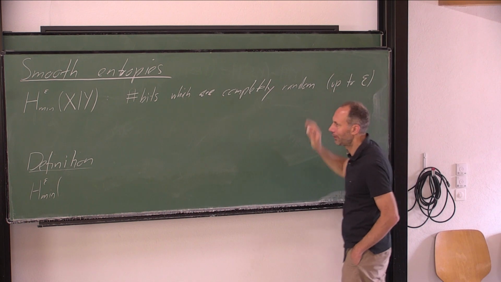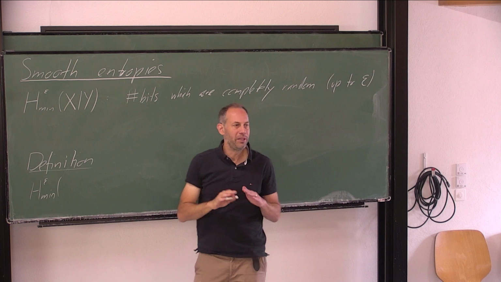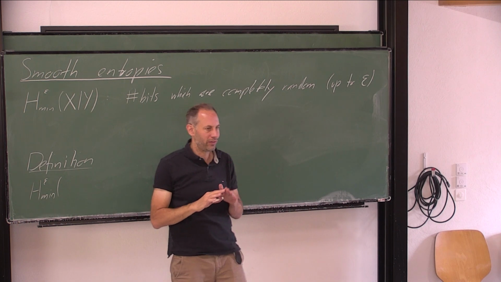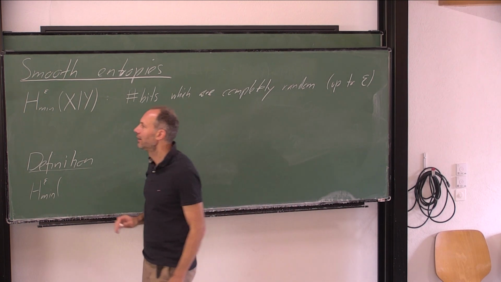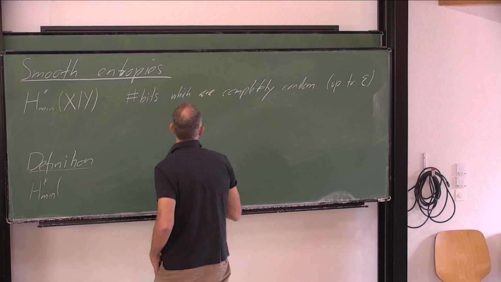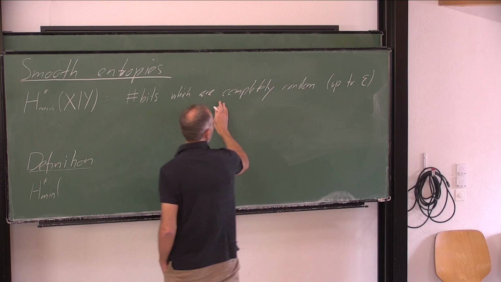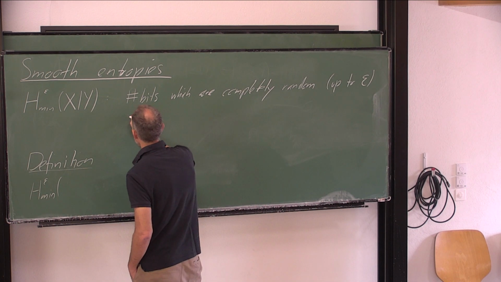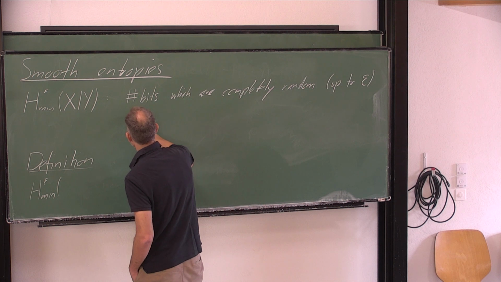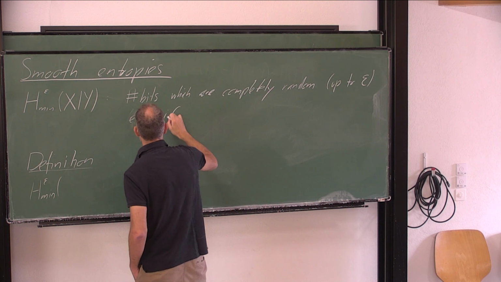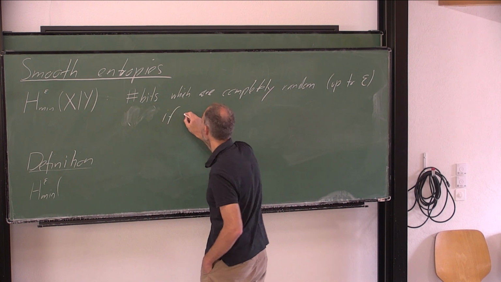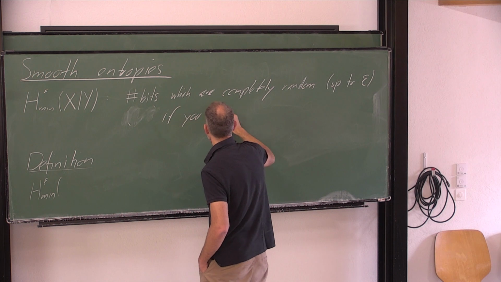You now know what it means to be almost random up to epsilon. It's the trace distance, and we discussed that in the context of this security definition. Which are completely random even if you have access.